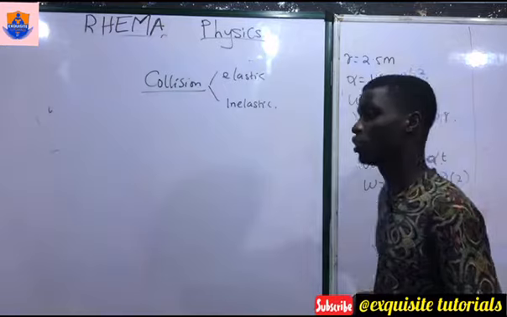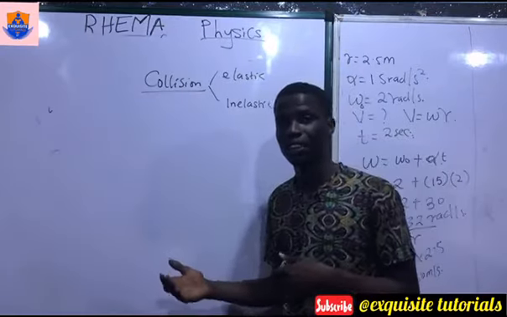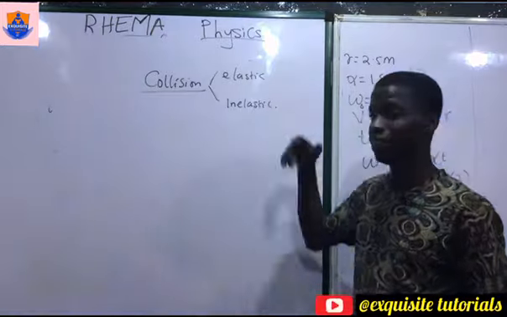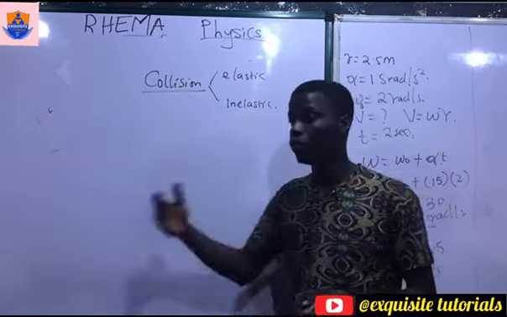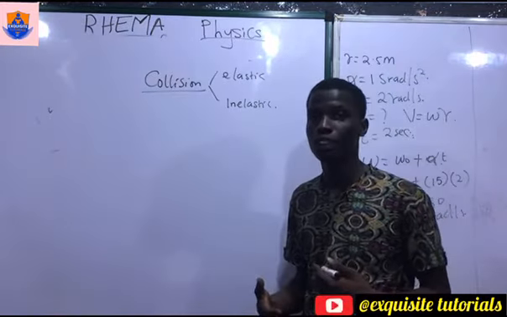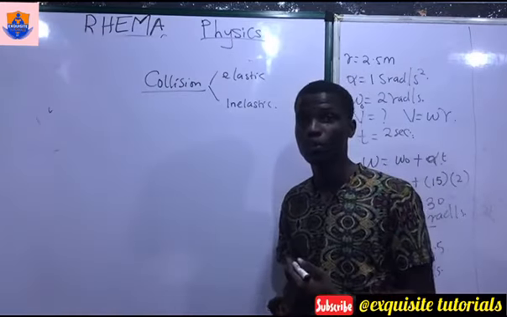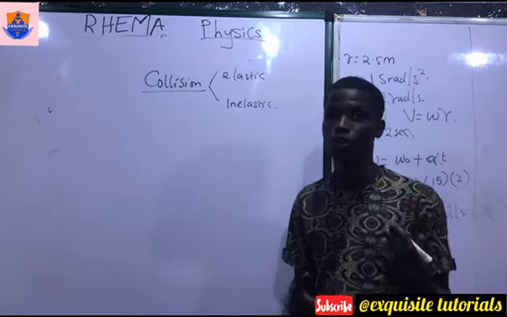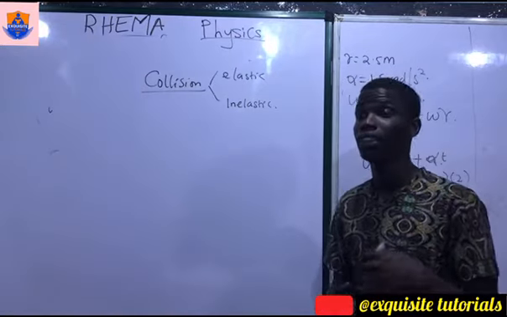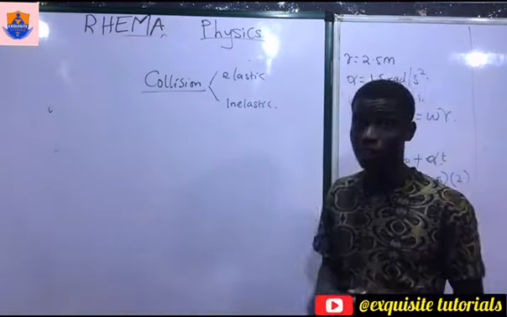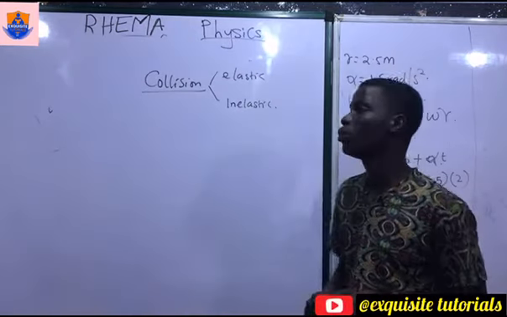What I mean by conserved is that at the end of the collision for the elastic case, there is no energy escaping to the atmosphere as heat. But for inelastic collision, heat is given off from the kinetic energy.